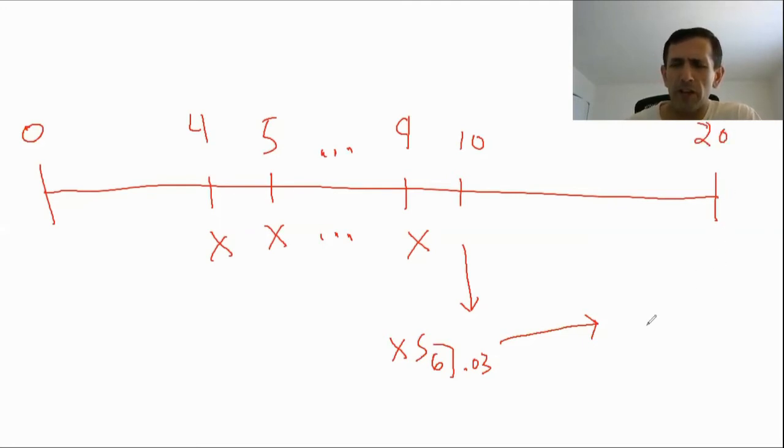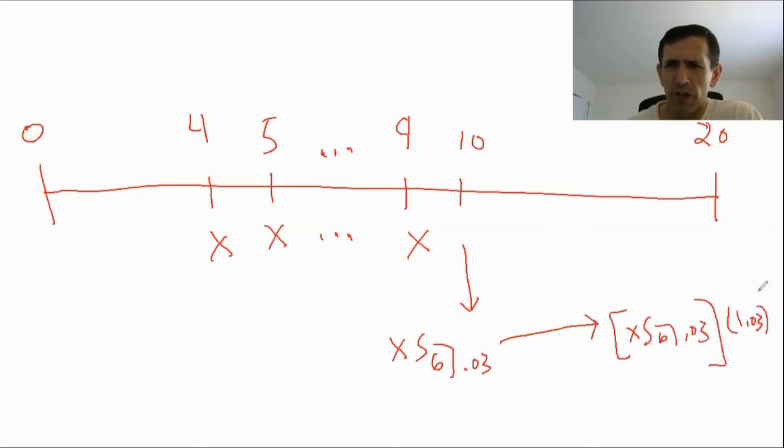So at the end of the 20th year, this is going to be whatever this is, times 1.03 to the 10th. And that's going to be 8.953792. Actually, let's just round, as usual, to the nearest 5 places, times x.